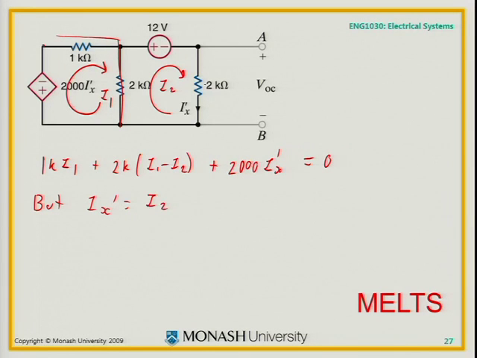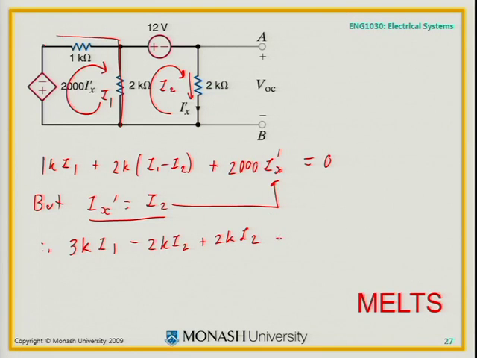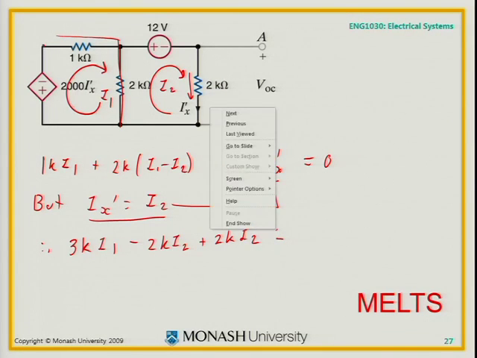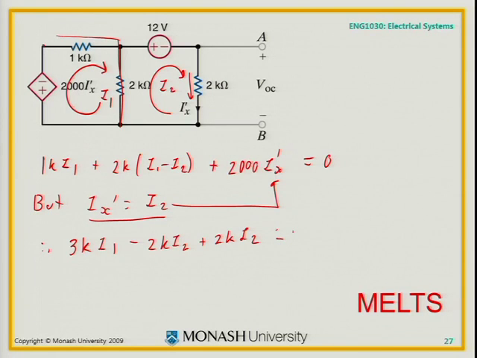I2. It's this current over here coming down through there. That is my loop, my mesh current I2. Therefore, 3k I1 minus 2k I2 plus 2k I2, substituting this into there, equals 0.